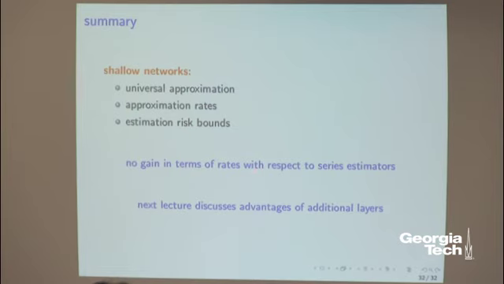Okay, so this is just a summary of what I have been talking about today. We started with the universal approximation theorem, which just says that functions can be approximated but doesn't say anything about the rates. Then I mentioned some results about rates of approximation, and finally we discussed these estimation risk bounds.